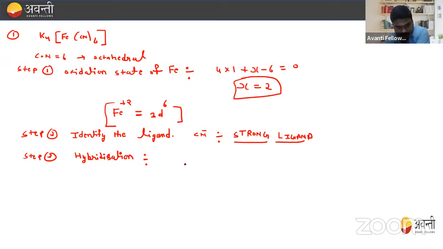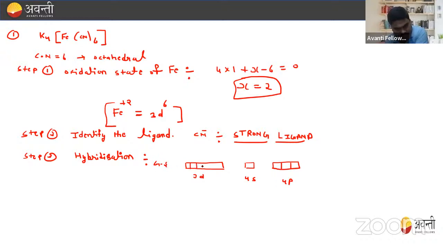Let me draw the orbital picture. This is the 3d, the 4s orbital, and this is the 4p orbital. So this is the ground state.